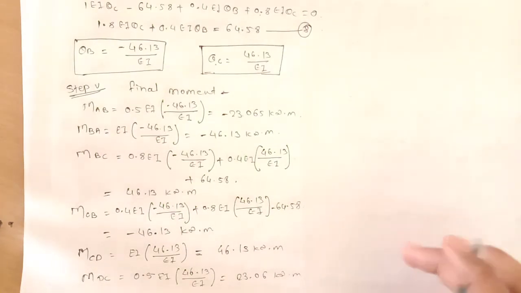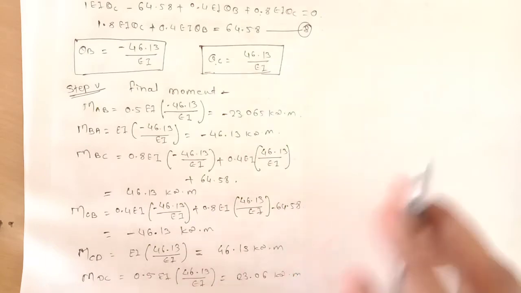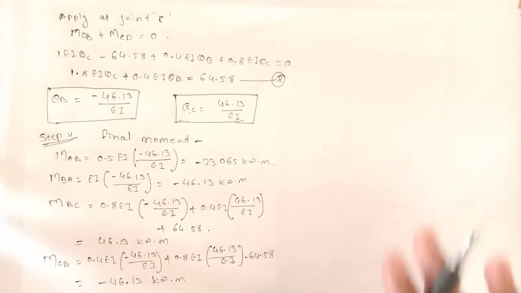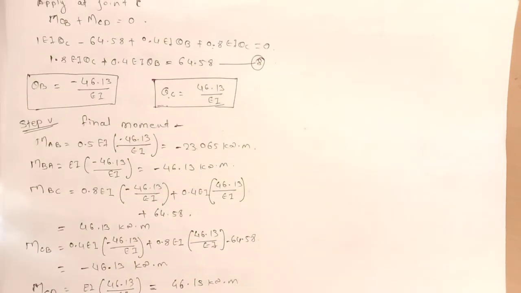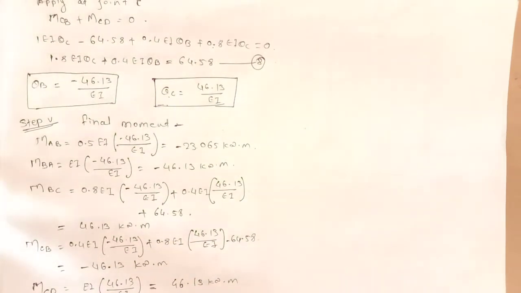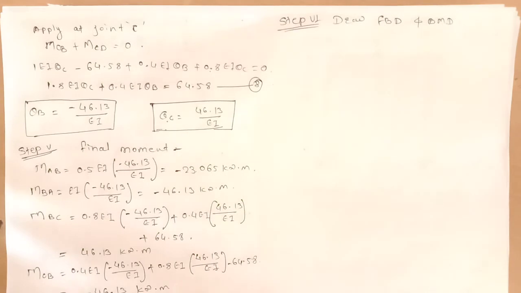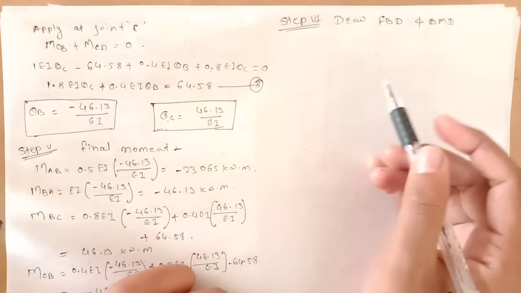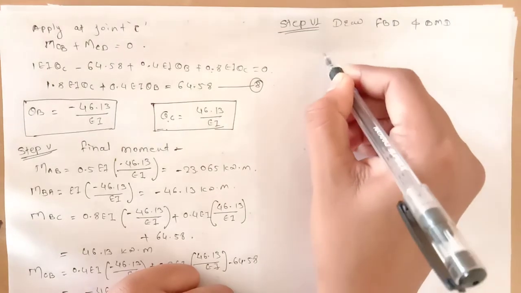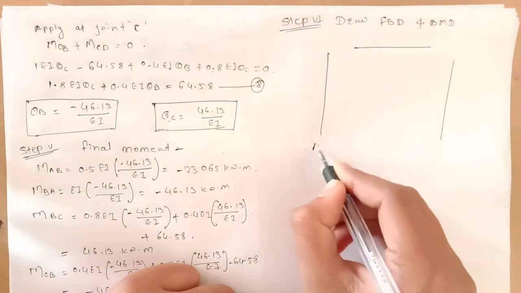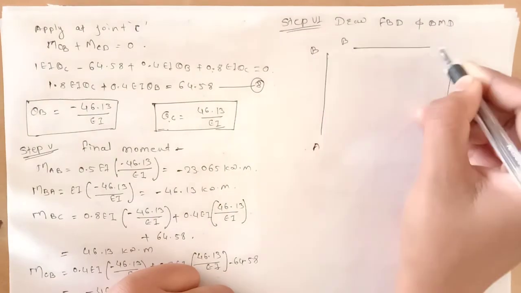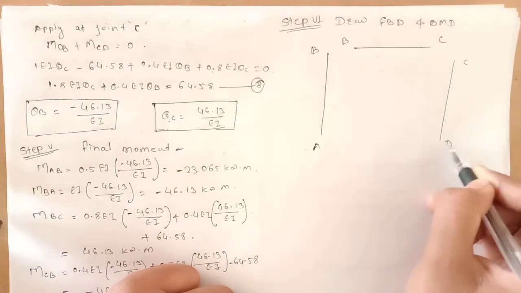Then next, from these end moments, draw the free body diagram, and from the free body diagram draw the bending moment diagram. So step number 6, draw the free body diagram and bending moment diagram. So the free body diagram is, this is AB, BC and CD.